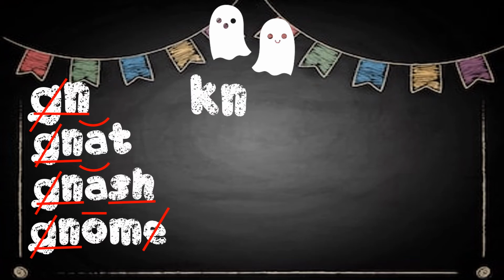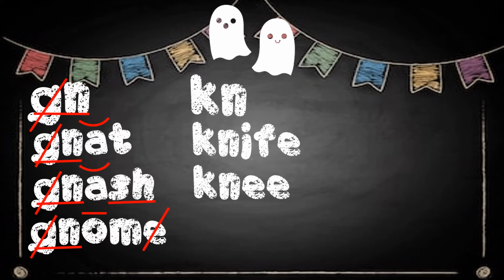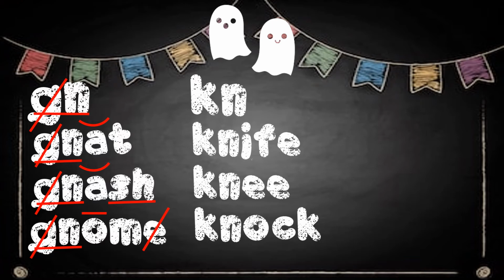Let's look at this ghost letter digraph, KN. We had knife, knee, knock. Remember, I underline my digraph and I need to cross out my ghost letter. Let's look at the word knife.